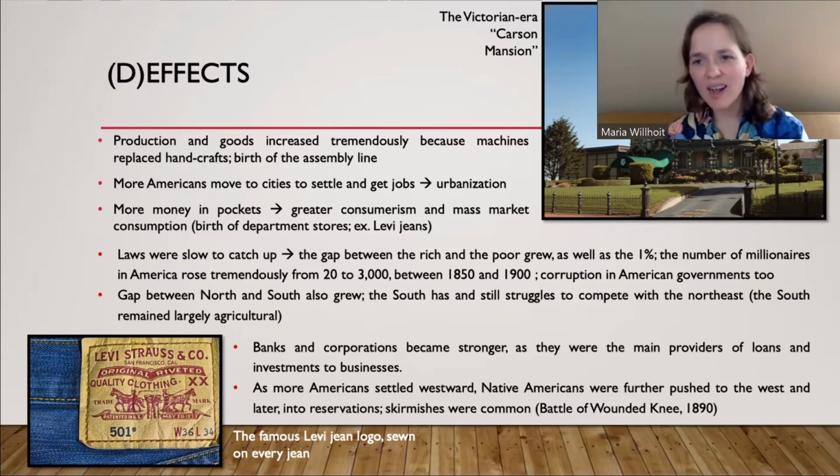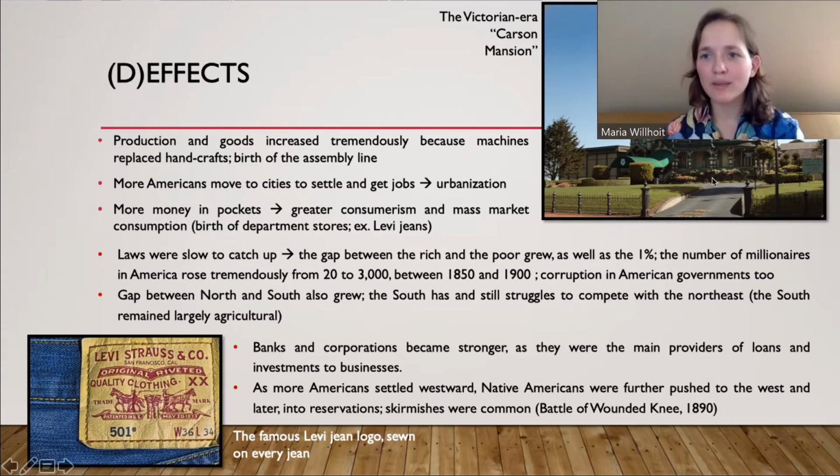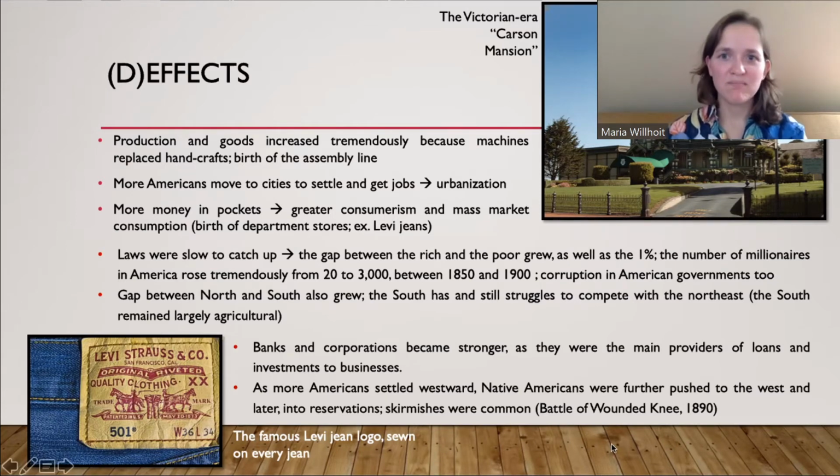They were ornate, they were expensive, some say beautiful. They weren't just a little apartment building or a nice simple home with one floor. I don't even know how many floors this is. This is like one, two, three, 3.5 floors. This is a famous one in California called the Carson Mansion.